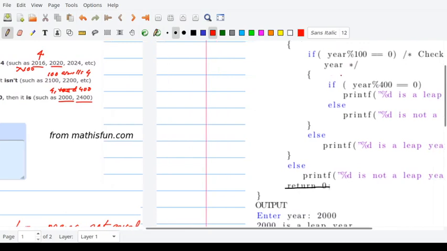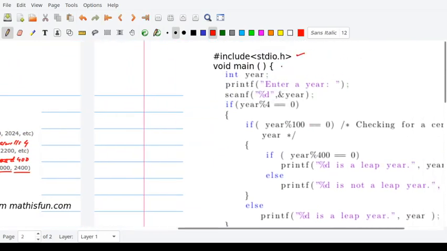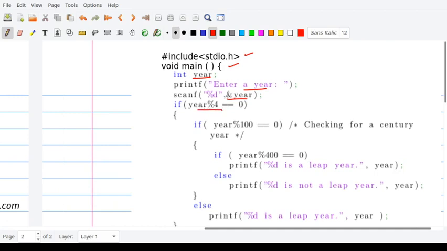So how will we write a program for this? For this particular program, again we have the header file, then the main function, then the variable year declared, then you will read the year. Now we check whether the year that we have entered is divisible by 4. If it is divisible by 4, we have to check whether it is divisible by 100.